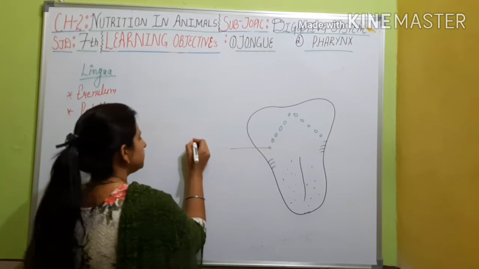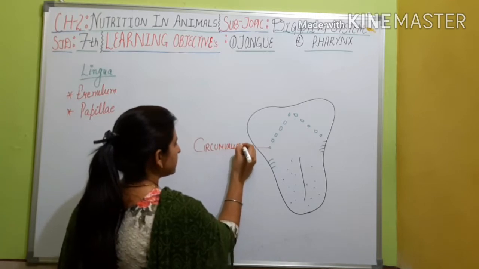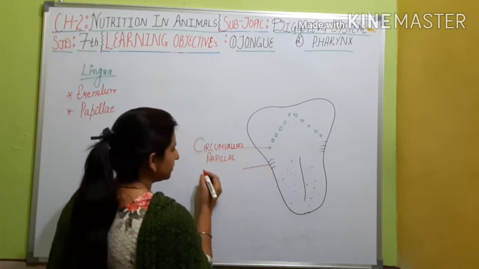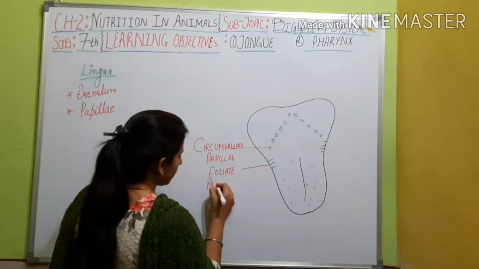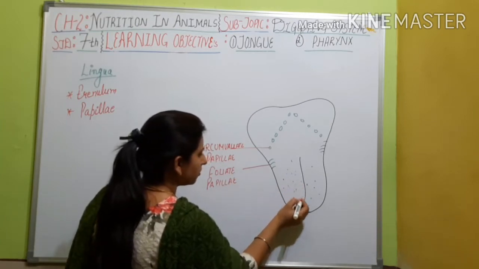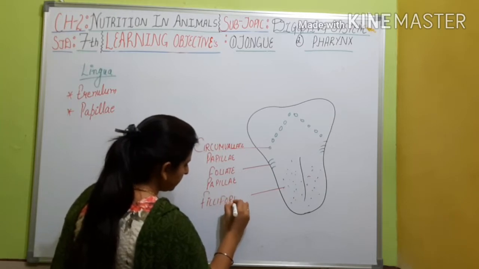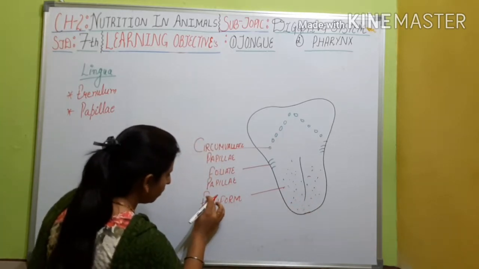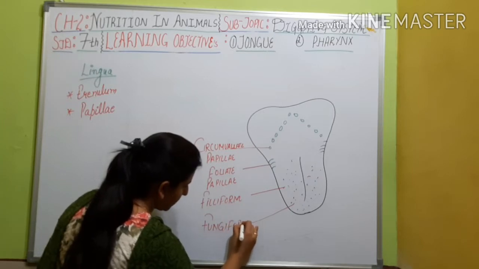The first one are the circumvallate papillae, the second one are the foliate papillae, the third one, which are present in numerous number, are the filiform papillae, and the last one, which are not many but still present, are the fungiform papillae.